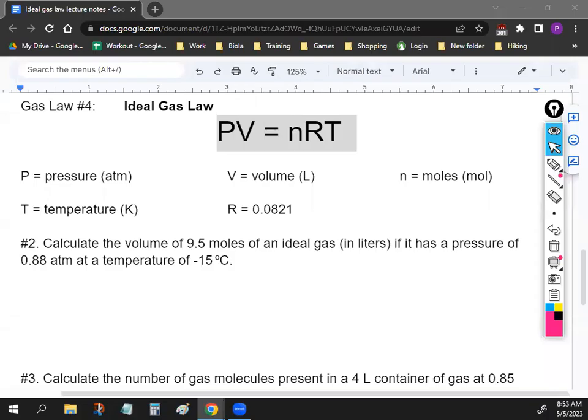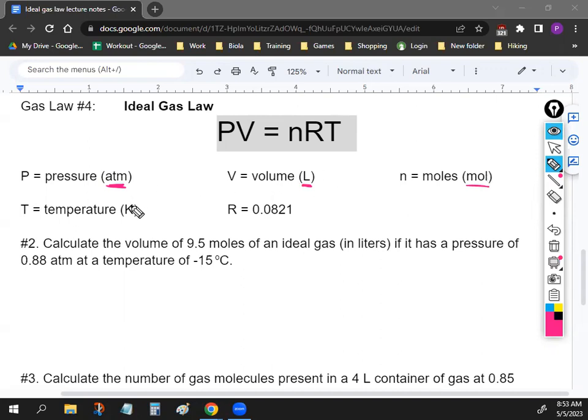A couple things to note is that when we are using the ideal gas law, pressure is always going to be in terms of atm. So you need to make sure that the pressure is in terms of atmospheres. Your volume has to be in liters, so if it's in milliliters, you turn it into liters. The lowercase n right here is obviously moles. So if it's grams, you have to turn it into moles.